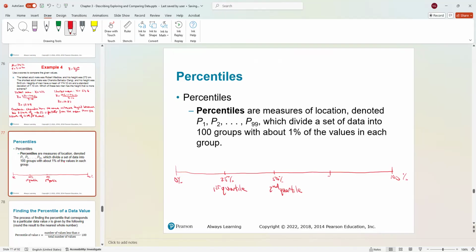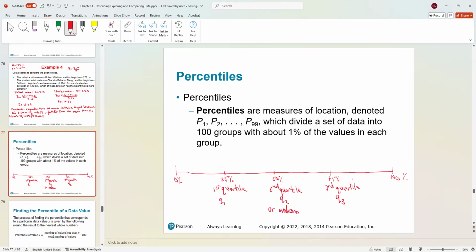And 75% of the data we call the third quartile. Or remember, it's better to go the short way: Q1, Q2, and Q3. The data exactly in the middle we also call the median, right?